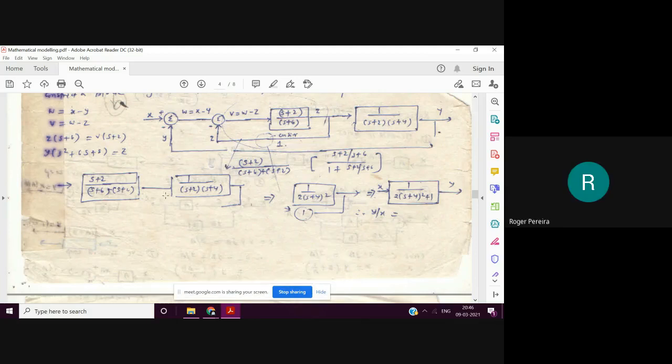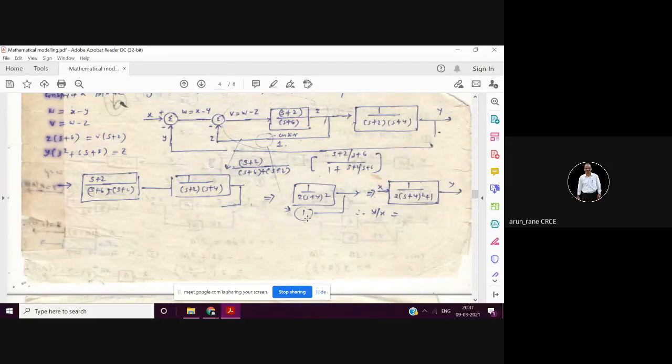Once it gets multiplied you will get this. Now this whole thing is reduced to this, and you have one summing point here and Y is here, so you consider a unity block one here.